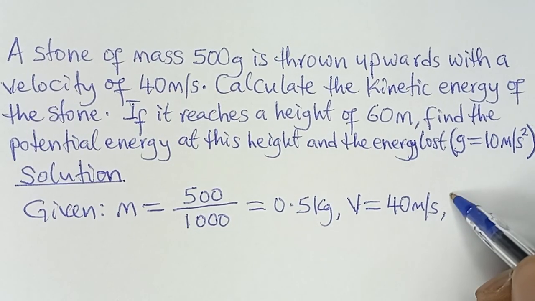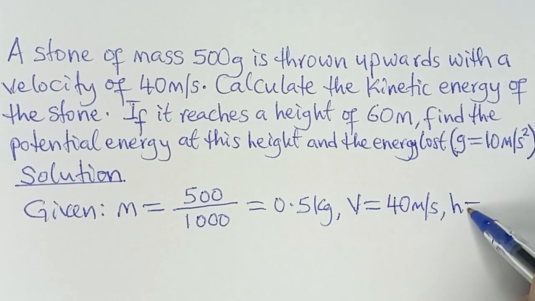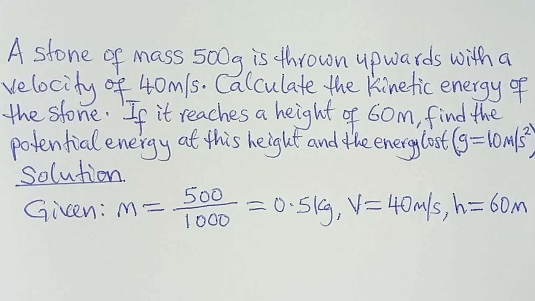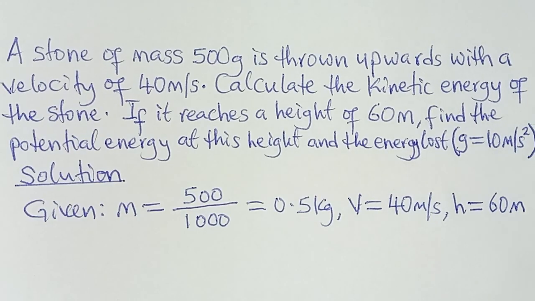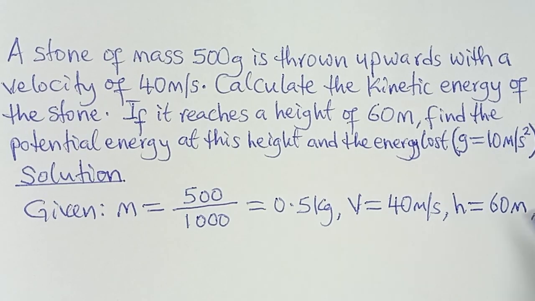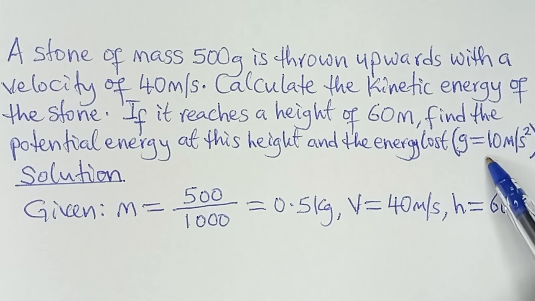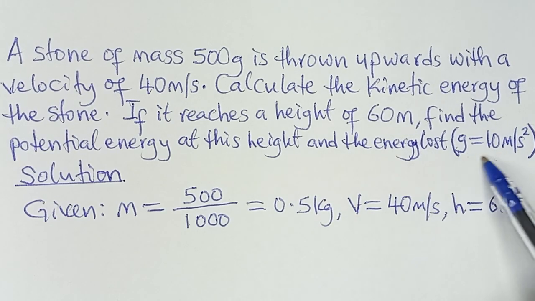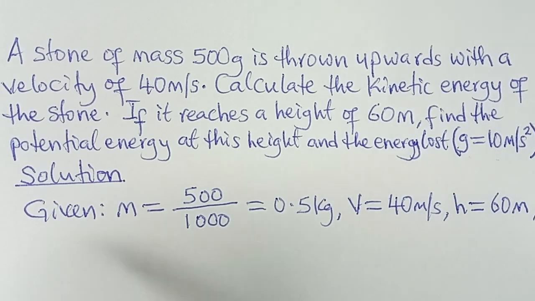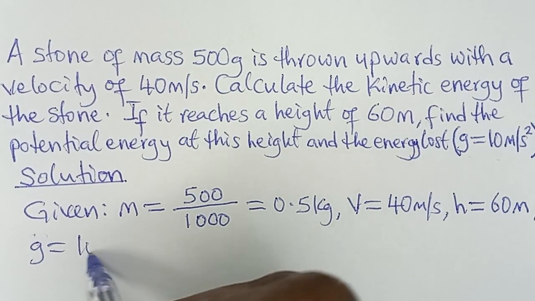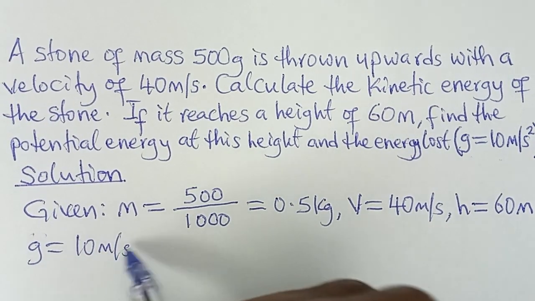So I'll call that H is equal to 60 meters. So the height is 60 meters. And then lastly, at the end of the question, we are given the acceleration due to gravity, which is 10 meters per second. So I'll call that G is equal to 10 meters per second square.